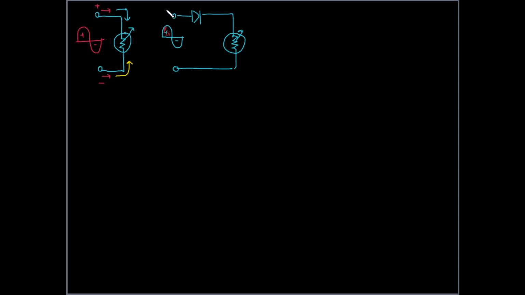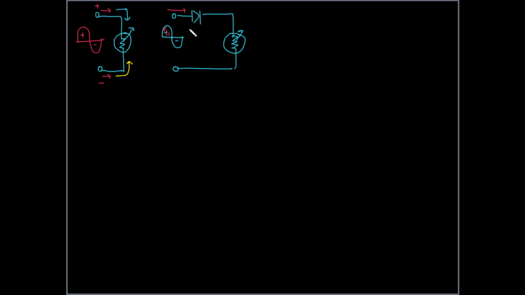So current is going to come from here. This diode is going to be forward biased. If it's forward biased, that means the resistance it's offering is approximately zero, as if it's a short circuit.